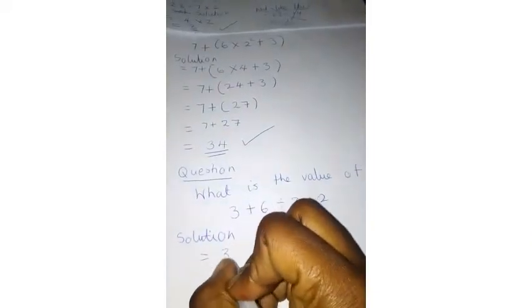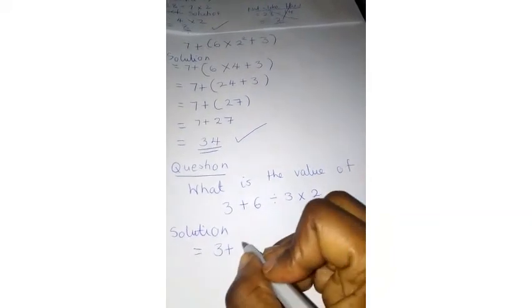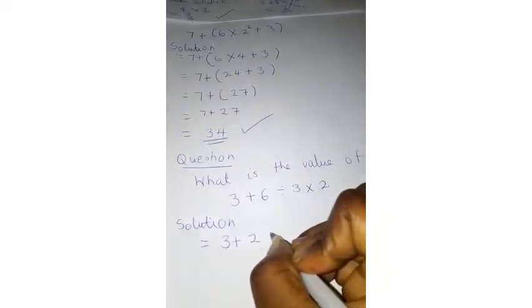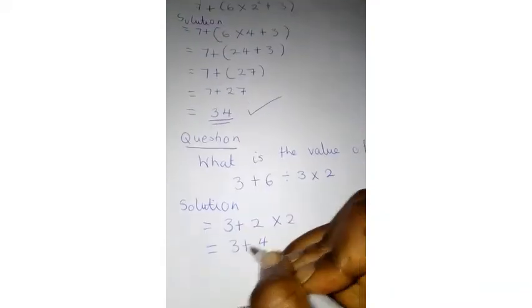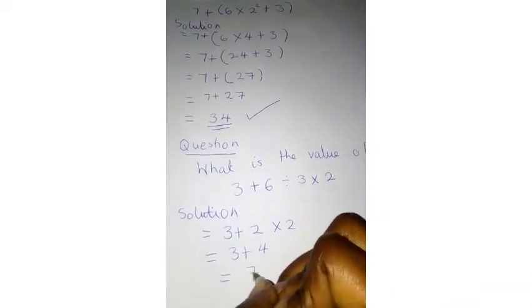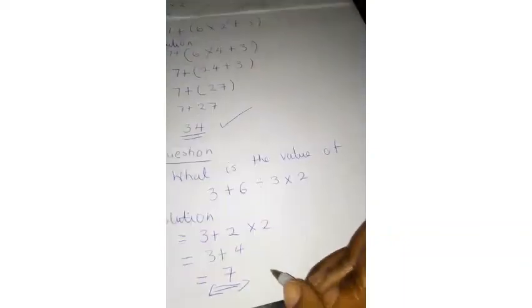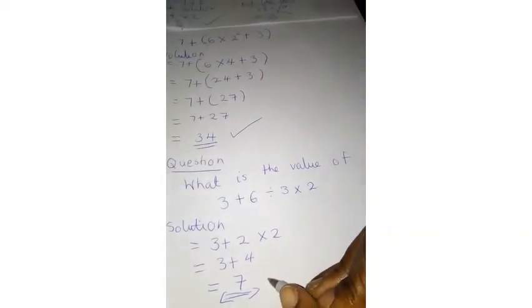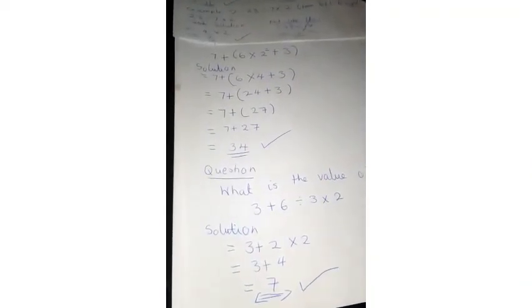So our solution is 3 plus, from the left the first item is 6 divided by 3, which is equal to 2, times 2. 3 plus 4, which is equal to 7. We have solved the expression. Are there any questions?